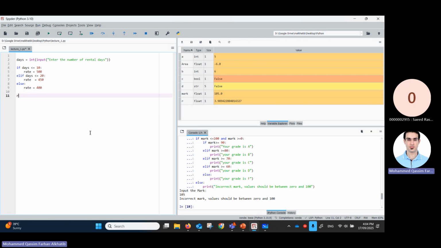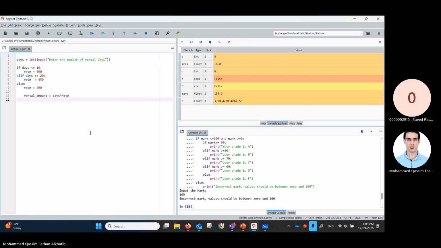Okay, then rental amount. It is important to change the indentation, because if you put it here, your code is fine. Rental amount equal days times rate. You see, there is no error.